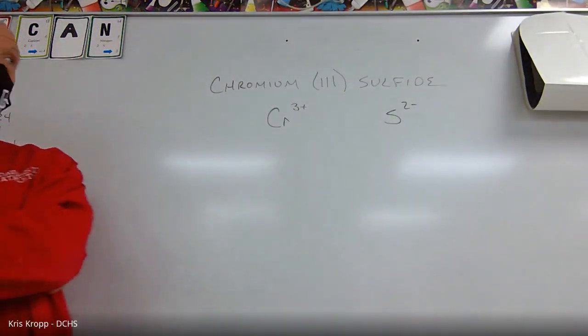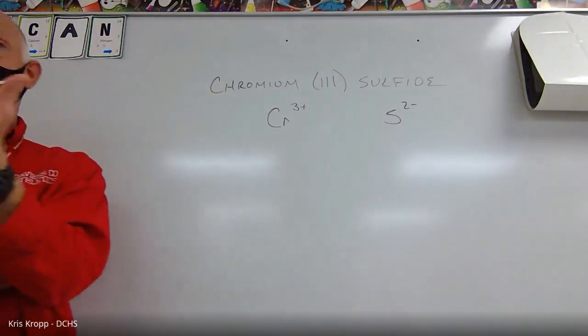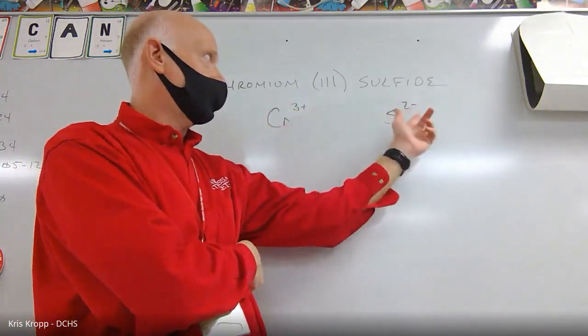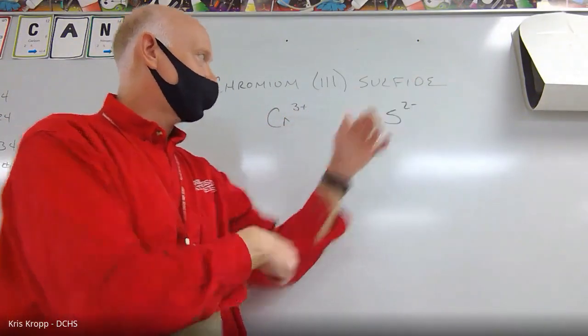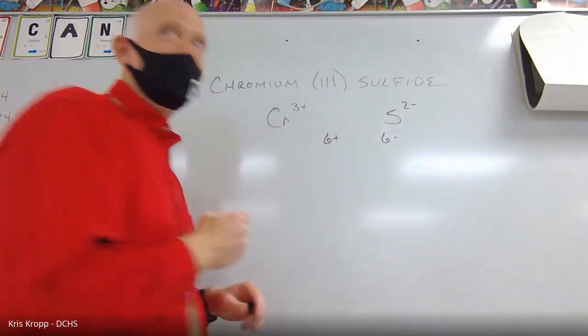So I've got my symbols for the 2 elements. I've got my charges for the 2 elements. Now we just have to balance those charges out, right? In other words, one way to think about this is we've got to find the least common multiple of these 2 numbers. What is the least common multiple of 2 and 3? 6. So I need to get to 6 plus here and 6 minus there, right?